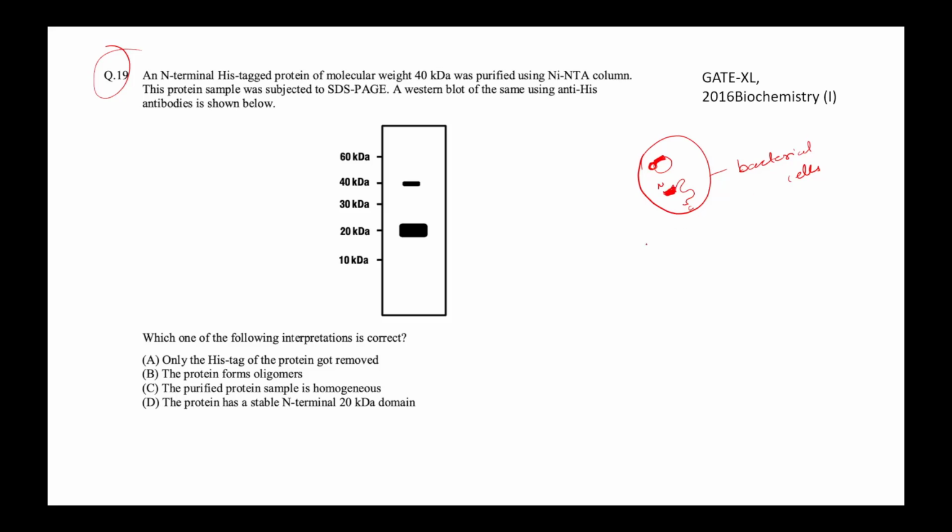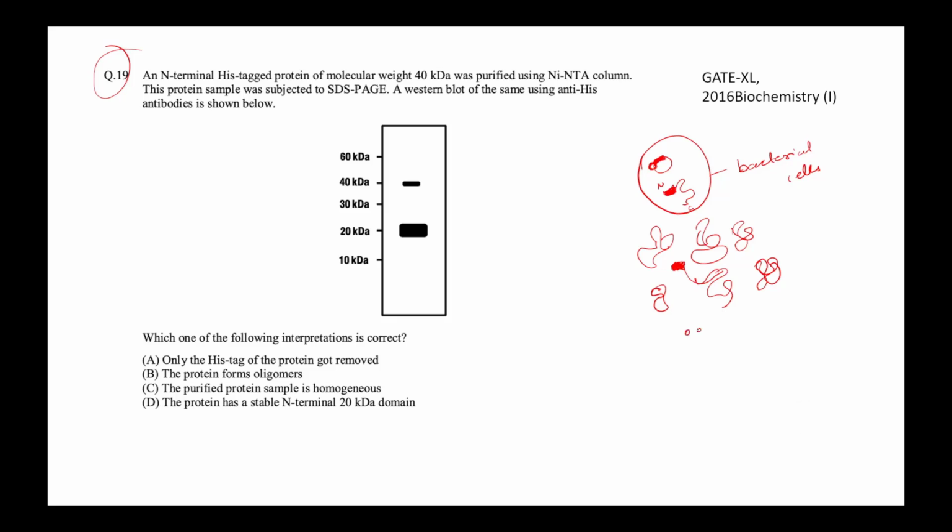The cell is lysed and many different proteins come out, because bacteria have their own proteins with their own machinery, and among them the N-terminal histidine tag protein is also expressed. After breaking open the cell, many proteins come out. So we use a nickel NTA column or nickel NTA beads.